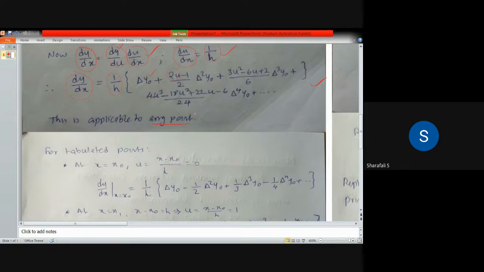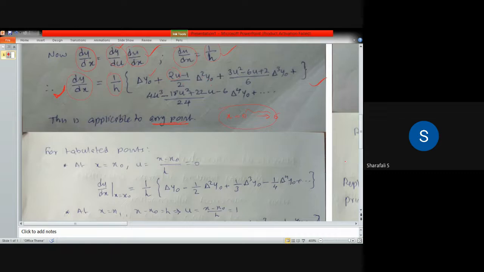For example, if you have a given set of values from x equal to 0 to 5, it can vary from 0, 1, 2, 3, 4, 5. In this range you can give any value, for example 0.1, 0.2, 0.3, or 4.1. Corresponding dy by dx you can calculate by using this particular equation. That is for any point.